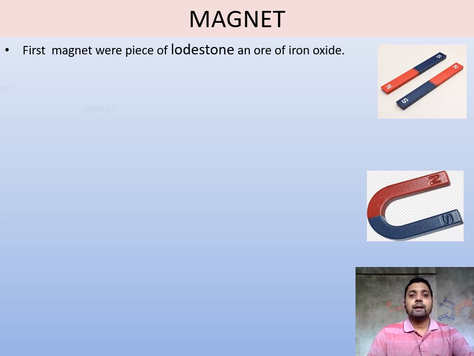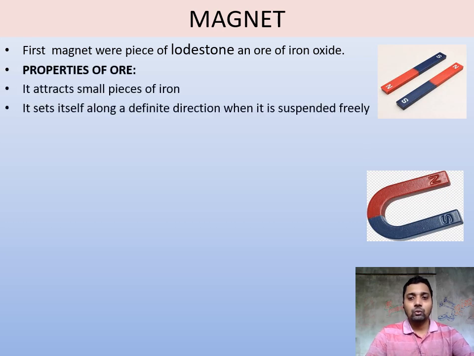This ore had some properties: first, it attracted small pieces of iron. Second, when we take a thread and suspend it, it remains in a definite direction, and it did not have a regular shape.